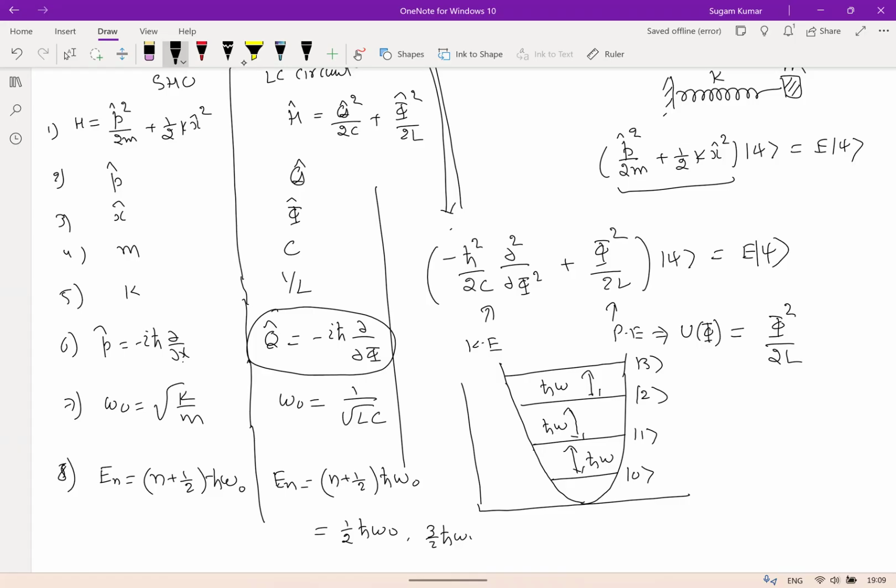And there is a problem. The problem here is that if I'm going to use, let us say, these two states as a qubit, 0 and 1, and if I'm going to excite the qubit by shining some microwave of energy ħω, then the transition from 0 to 1, of course, will take place.